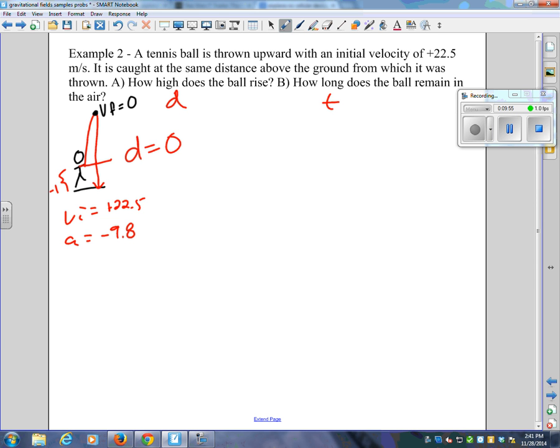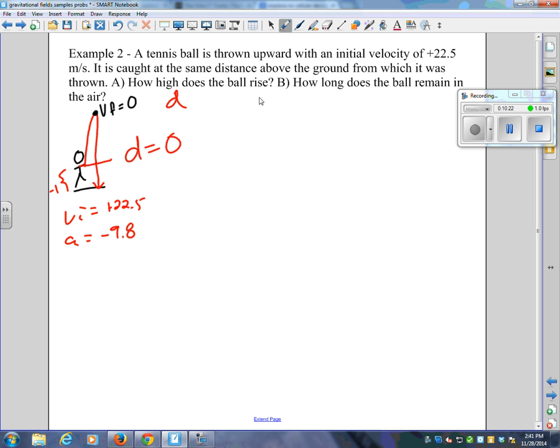No, but the velocity at that peak, at that very height, would be equal to 0. Would you agree? Some people don't see that, or they haven't had enough practice with that. So just be aware. How high does the ball rise? Okay, so how am I going to do this? Any ideas? First we'll look for the V bar.